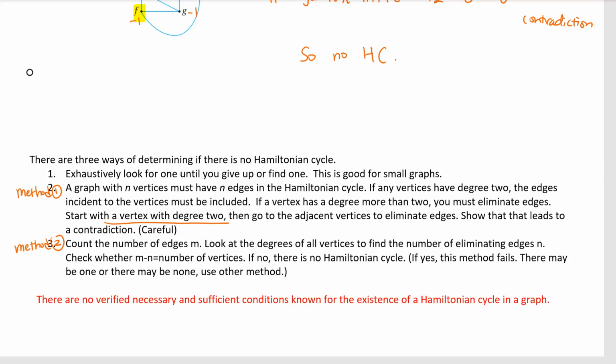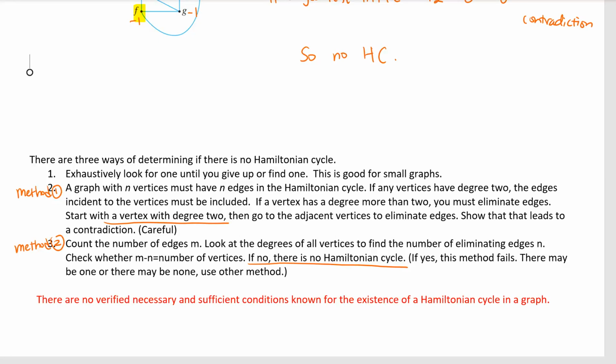If no, then there is no Hamiltonian cycle. And if yes, like I said, there could be a Hamiltonian cycle, then you just find it. If we get a contradiction, then there's no Hamiltonian cycle. Again, there are no known necessary and sufficient conditions for the existence of a Hamiltonian cycle in a graph.